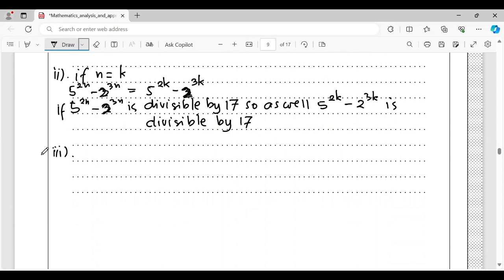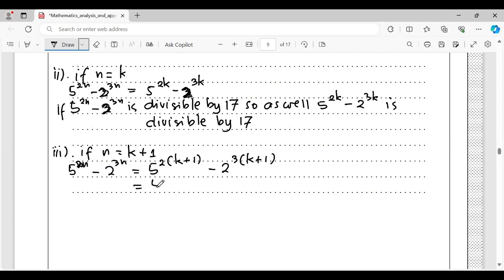The third, if n equals k plus 1. If n equals k plus 1, so this expression 5 power 2n minus 2 power 3n becomes 5 power 2 times k plus 1 minus 2 power 3 times k plus 1.